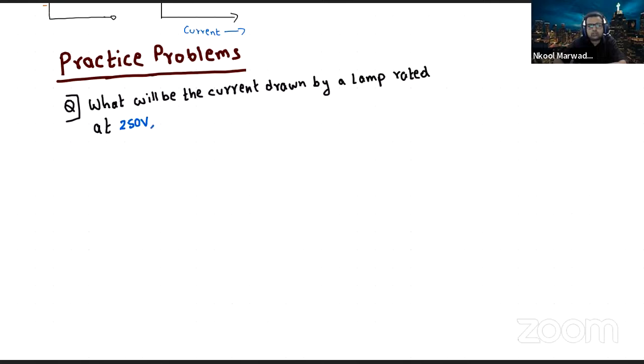So this is the power rating of the lamp. Now you will get a feel of it.